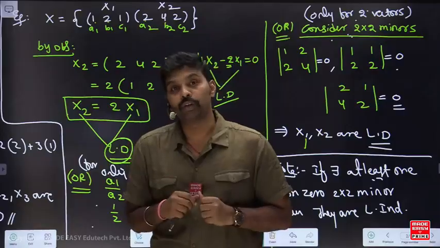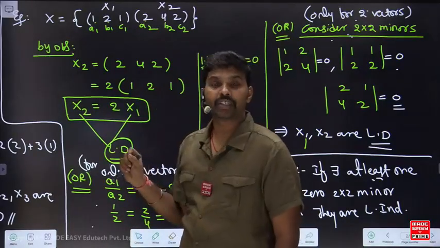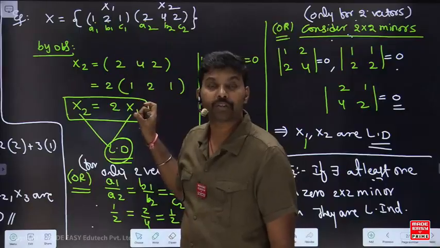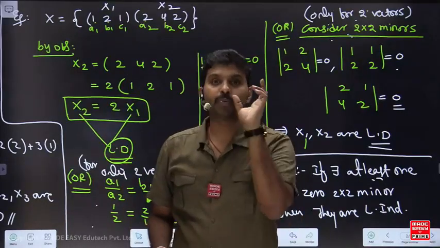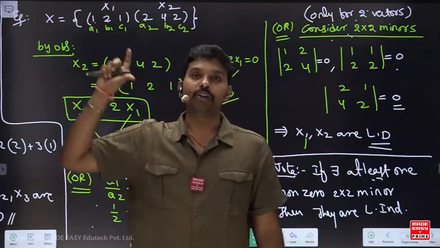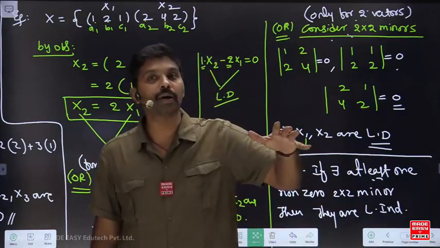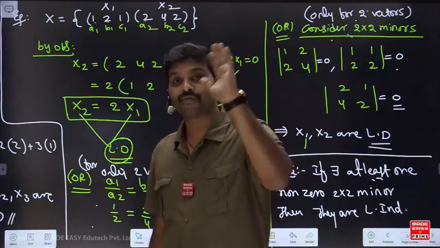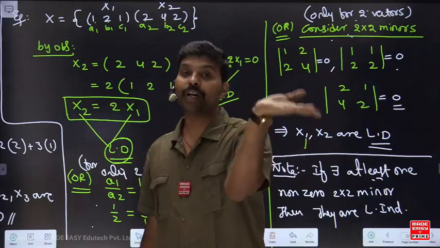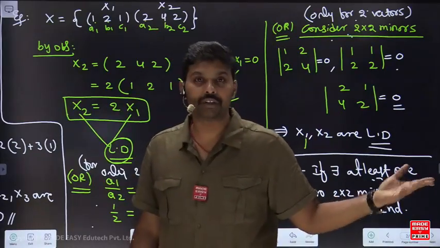So what is the maximum minor I can get from these 2 vectors? That is a 2 cross 2 minor. That's why I have taken all 2 by 2 minors from those vectors. Similarly, the same case applies to 3 vectors of 4 dimension, or 4 vectors of 5 dimension, or 5 vectors of 6 dimension, whatever it is.